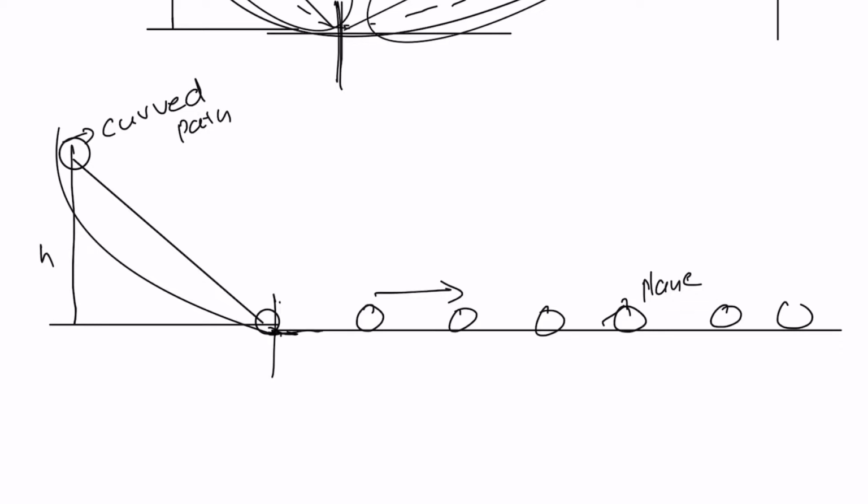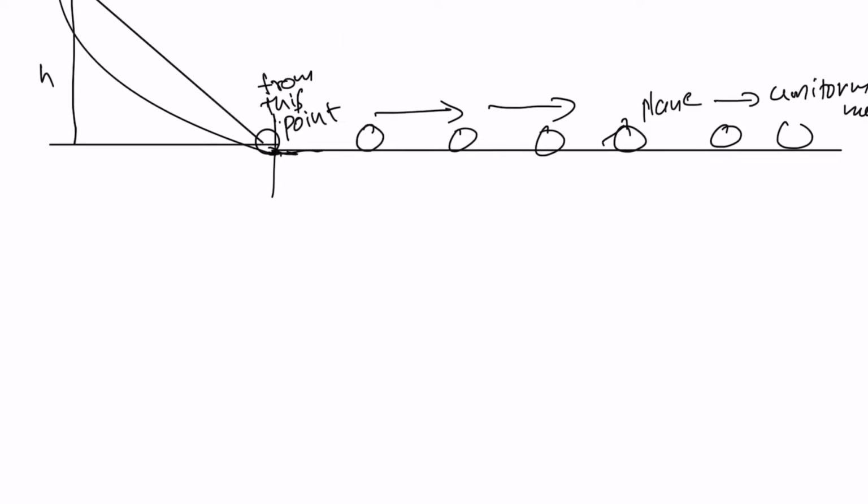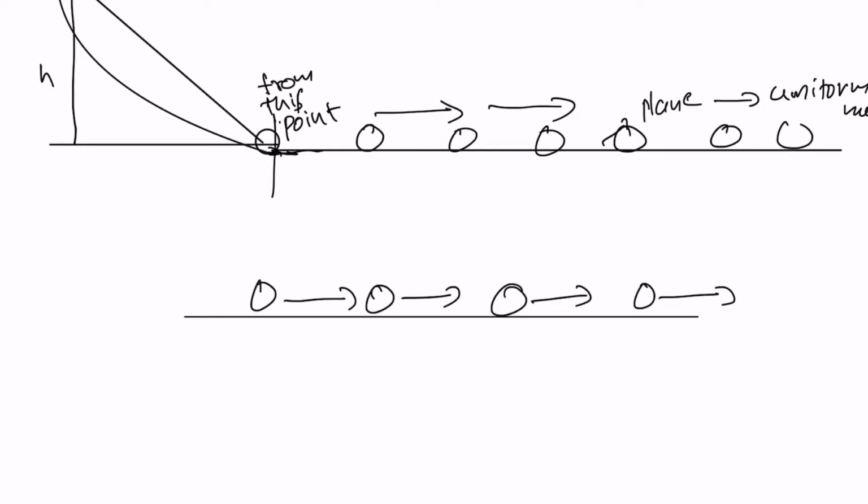So from this point, the ball is moving with uniform motion. Now the ball is moving along the horizontal line. No gravity force acts on this. Only the gravity force is along this direction, that is the vertical direction.